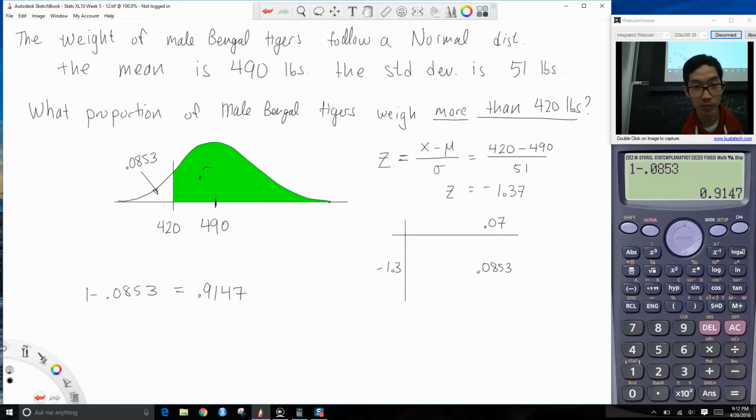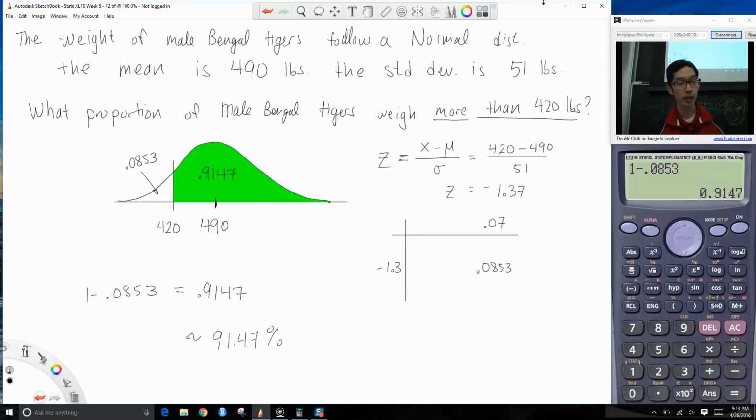Okay? So what proportion of Bengal tigers weigh more than 420 pounds? About 91.5%, okay? So about 91.47%, we could round that off to like 91.5% or something like that. Okay, is that feeling okay?